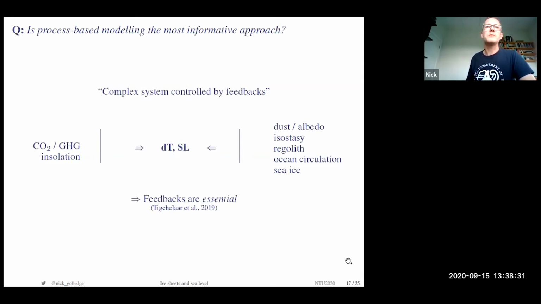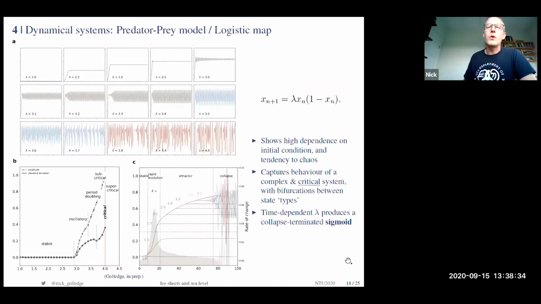Next slide, please. So one approach that I'm exploring at the moment in order to understand climate over glacial, interglacial cycles is to think about it more holistically and say, well, what if we can understand the system response as a whole, even if we don't understand all the components? And here's an interesting thing. There are approaches in dynamical systems which look at just the way systems behave under different forcings.